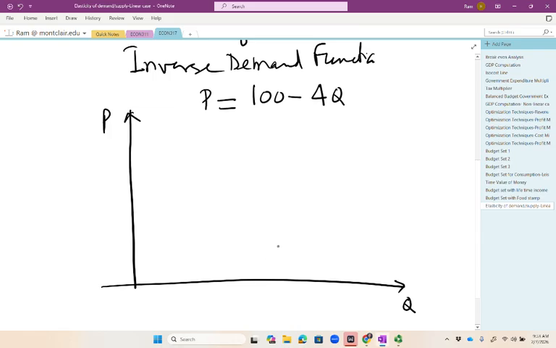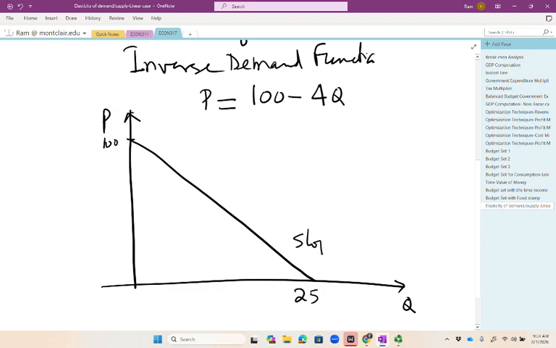If you look at this inverse demand function, when Q is 0, price would turn out to be 100. So that's the vertical intercept. And then we can find out the horizontal intercept. When price turns out to be 0, the maximum quantity we can observe is 100 over 4, 25.